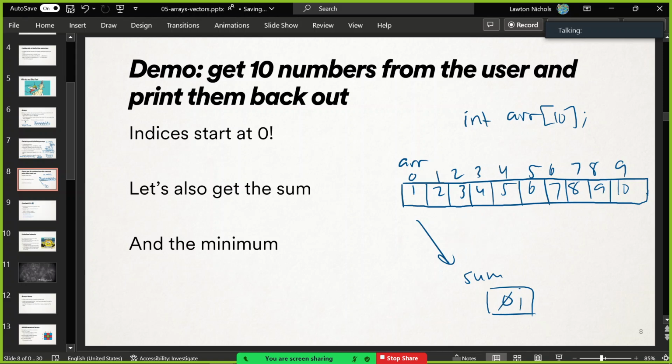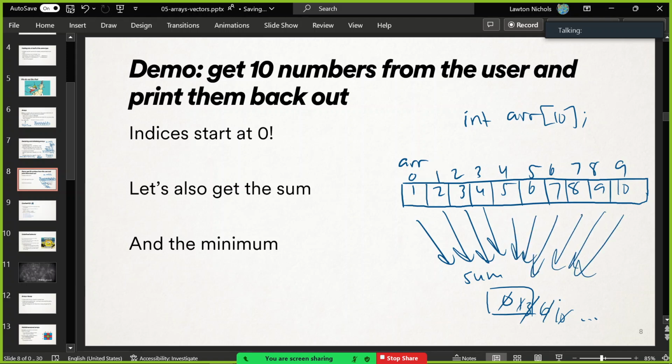Okay, now it's plus the 1. Sum equals what it was plus the 2. Now it's 3. Now sum equals what it is plus the value in this index. And now it's 6. And now it's 10. Dot, dot, dot. So bring them all in, each index. And then once they're all there, the sum has the final sum of every value that the user typed.